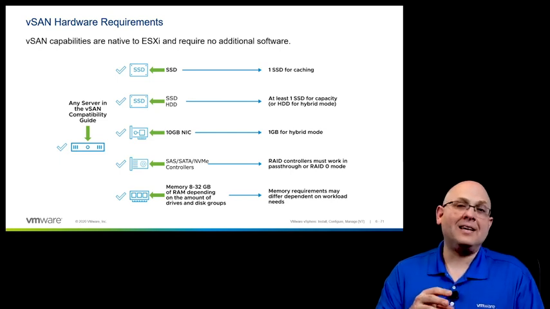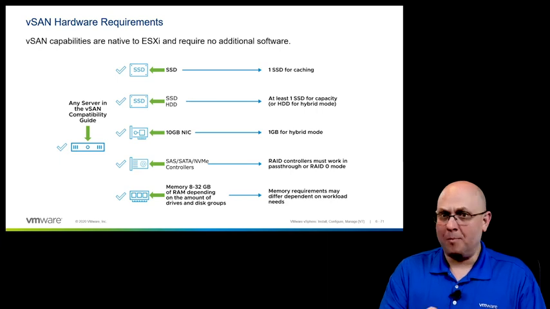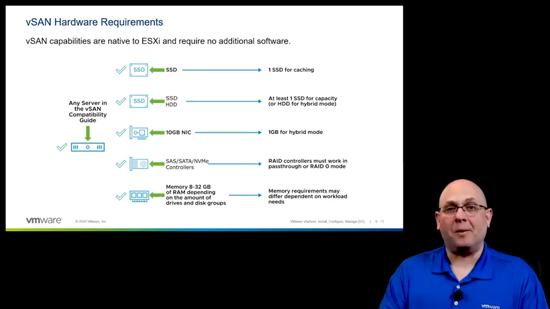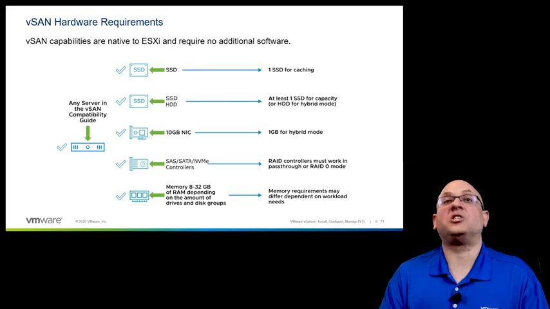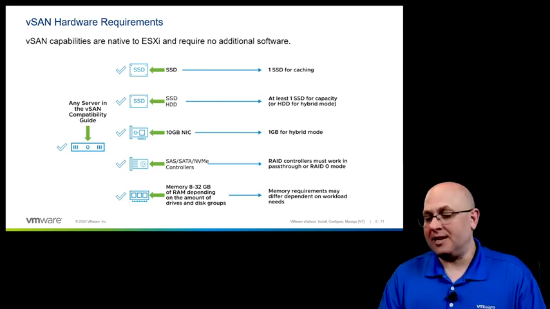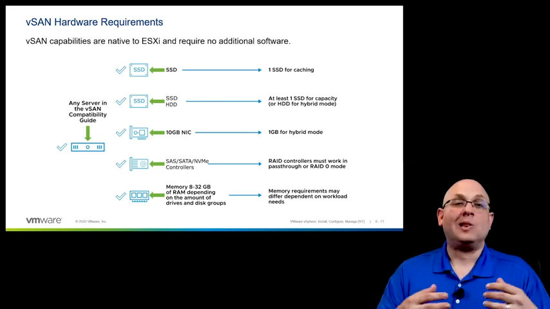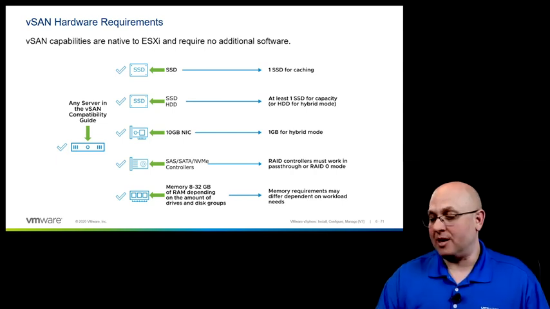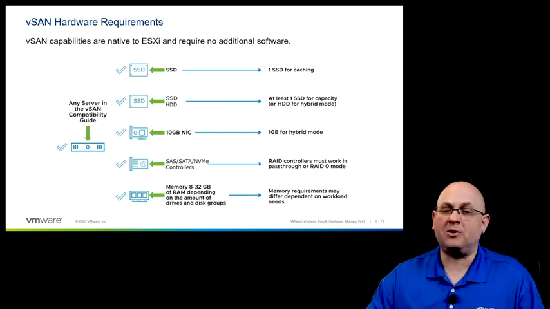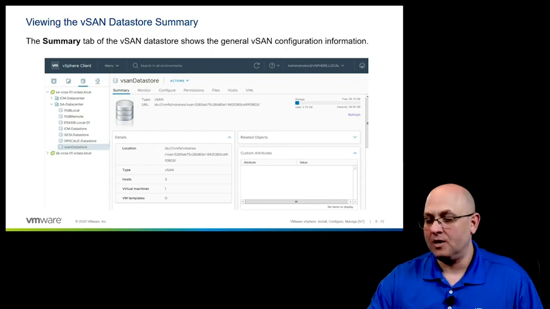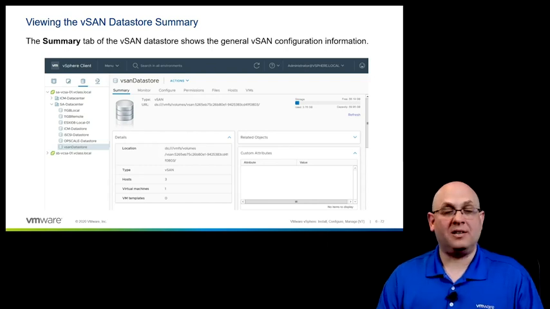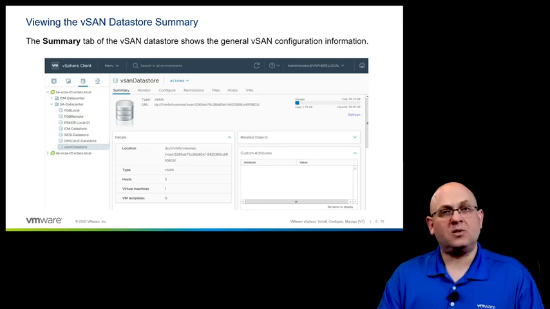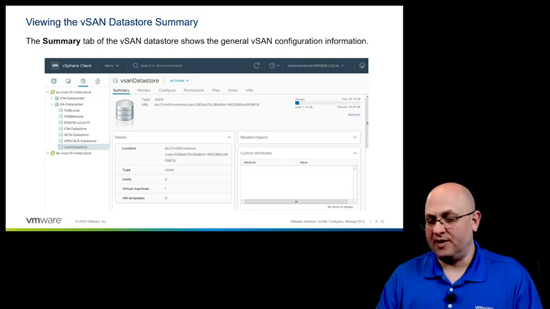And vSAN within the host, it's all managed within ESXi itself, can consume more RAM in caching facilities and other things if you have larger and more plentiful disk groups within that particular host, up to a total of 32 gigs of RAM itself.